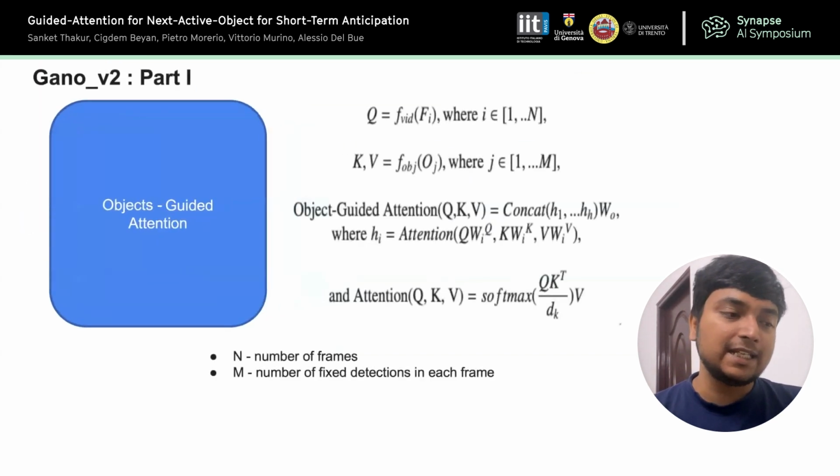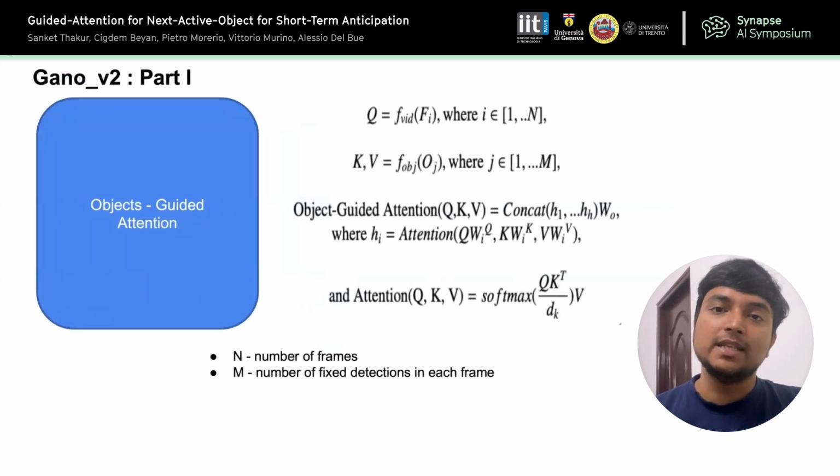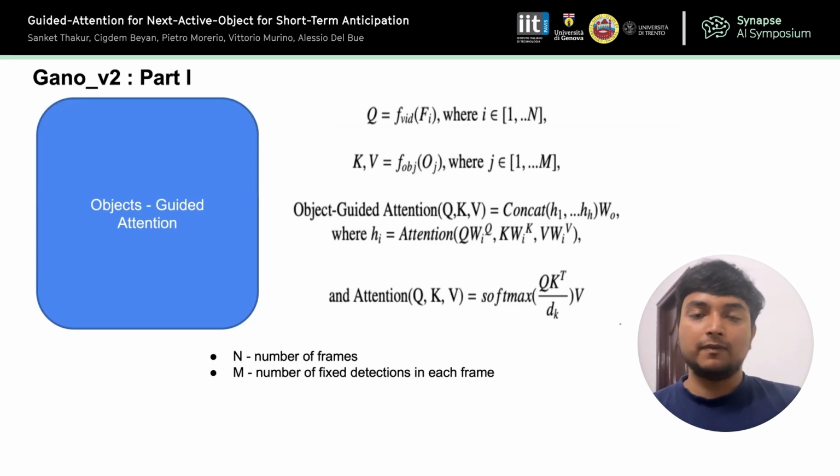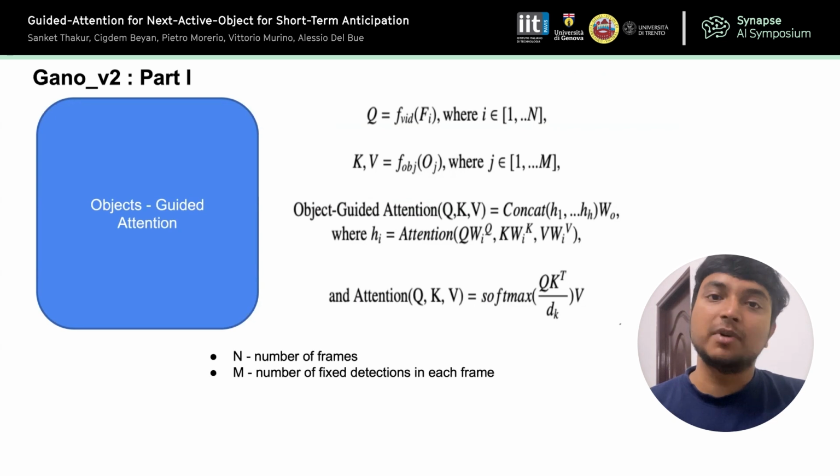Now, in further detail, the object guided attention module is inspired by the multi-head attention setup from the Attention Is All You Need paper. As I said, the query is formulated from the patch features given n number of frames, and the key and value pairs are the object embeddings for a fixed set of n embeddings per frame. So we fix the number of detections which we can use from a single frame.